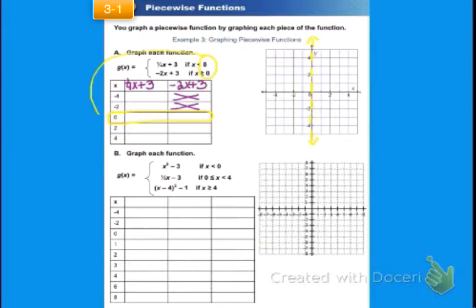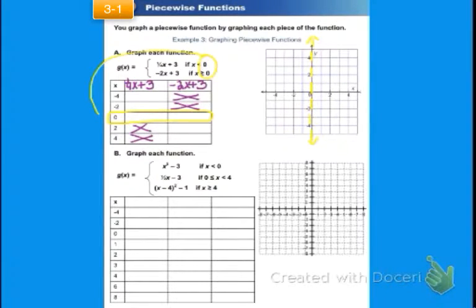And the same thing once I get past that point of 0: I'm not going to plug 2 and 4 into 1/4 x plus 3, because it's outside the interval. So I'll cross those out as well. Basically, I'm going to plug in -4, -2, and 0 into this first column, and then plug in 0, 2, and 4 into the second column.